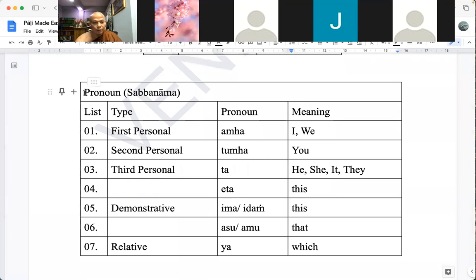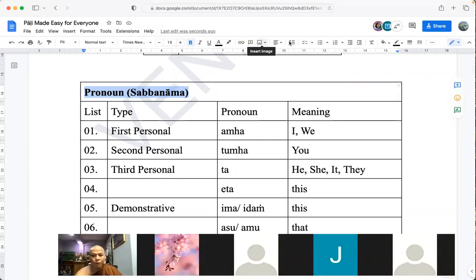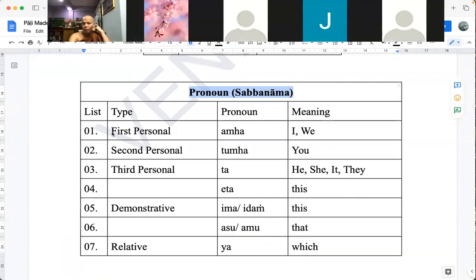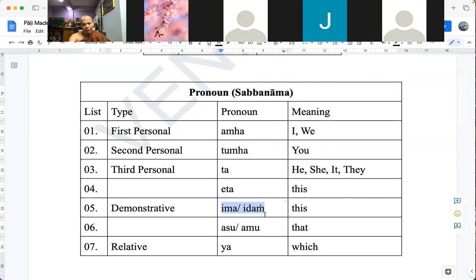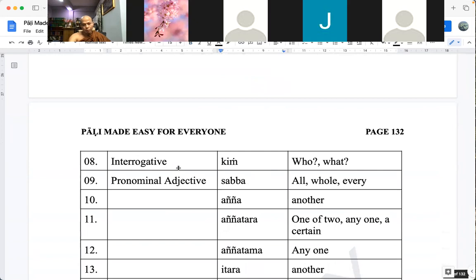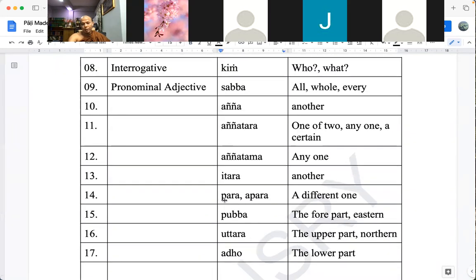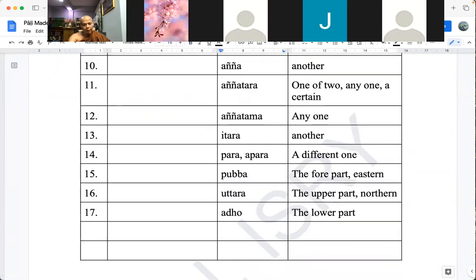So here I made this chart, but it is not completed yet. Roughly, the types here and the pronouns are like amha, tumha, ta, ima, idam, esa, amu, ya, and also ka, sabba, anna, annatara, annatama, itara, apara, pubba, uttara, adhara, and so on.